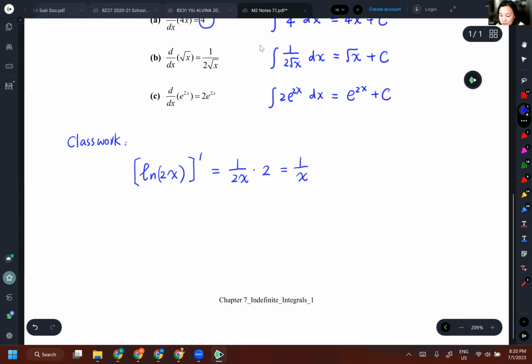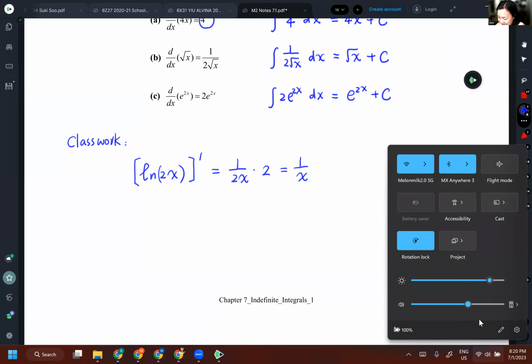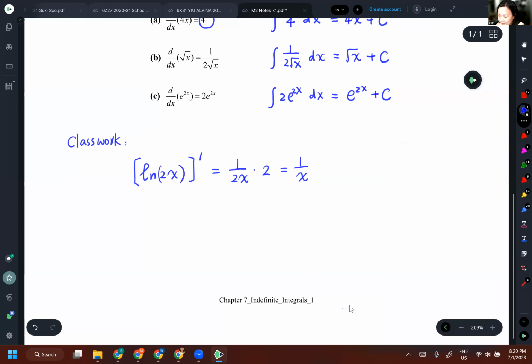Now I'll ask one of you, so you can tell me how you would change it. Chen Hei, can you tell me what the answer is for this one?